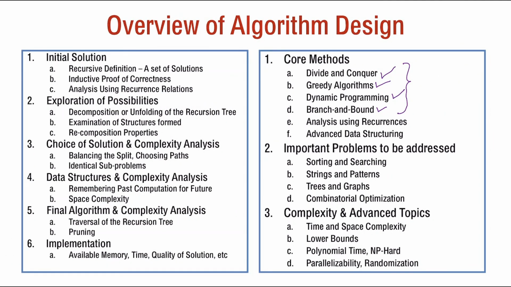With this, we come to the completion of the introductory lecture, and then we will look at other more important problems like sorting, searching, patterns, trees, graphs, and other combinatorial optimization issues. Subsequently, we will discuss each of these core methods in more detail, but approach it from this recursive transformation viewpoint.